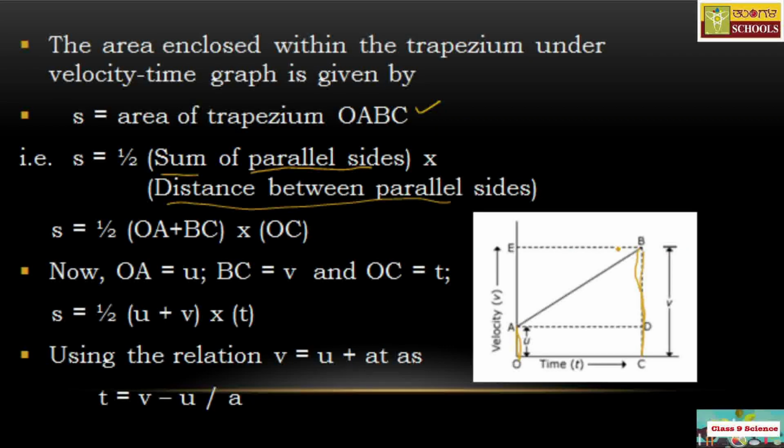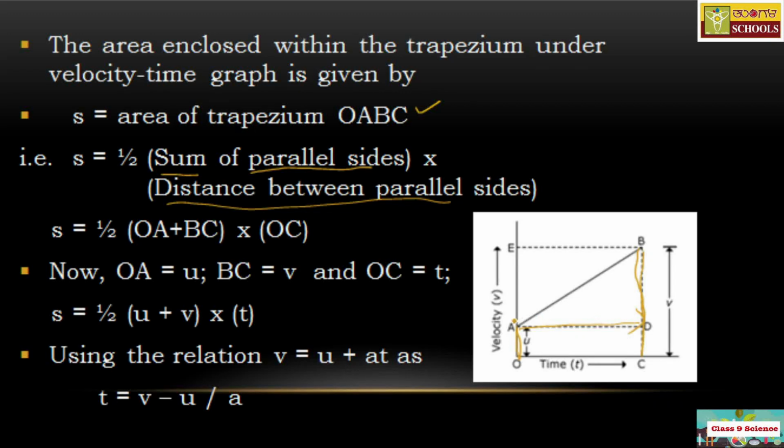The area of the trapezium is given by half of the sum of these two sides into the distance between these parallel sides. So the distance means this.